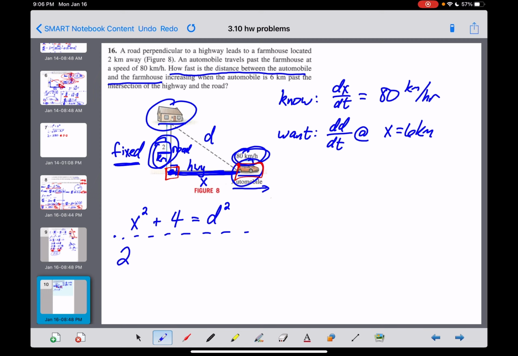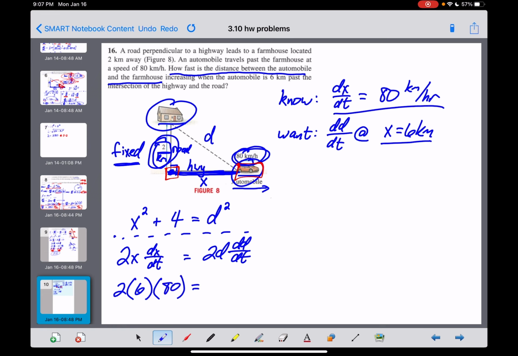The derivative of x squared is 2x dx/dt. There would be a plus 0 from the plus 4, so I'm not even going to bother writing that, is equal to 2d dd/dt. All right, 4 variable quantities. We better know the values of 3 of them. So 2 times x, which is 6 kilometers at that moment, and then dx/dt was given to us as 80 kilometers per hour.